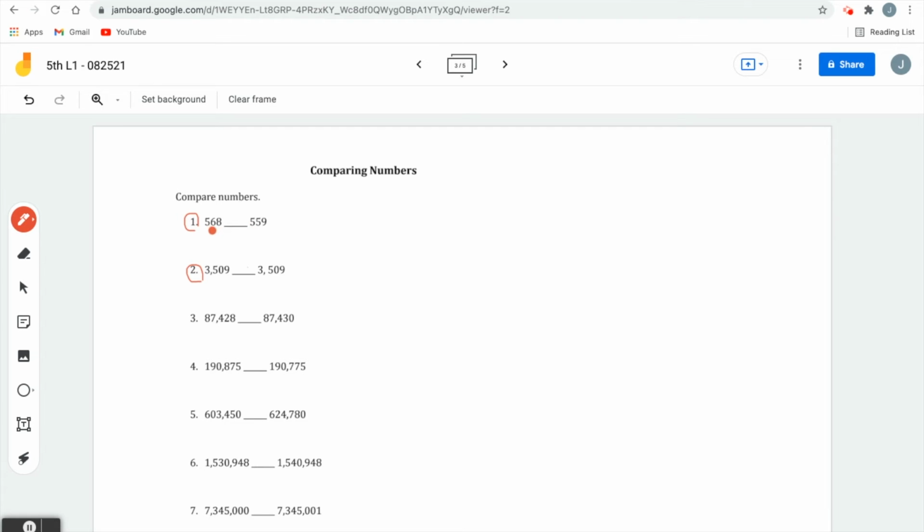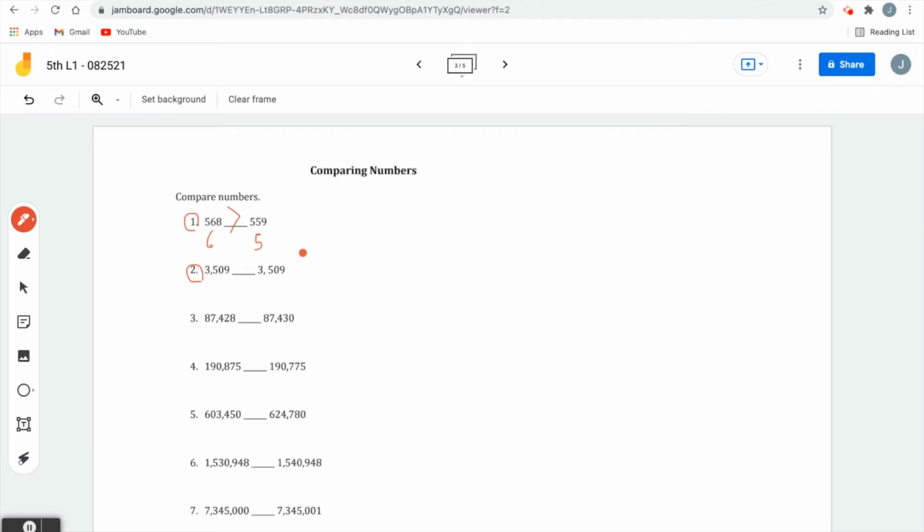So we're going to look at the tens place. Here we have 6 and we have 5. So 6 is greater than 5. So we know that 568 is greater than 559. I'm going to write this sign, which shows that 568 is greater than 559. Okay, so this is the answer.